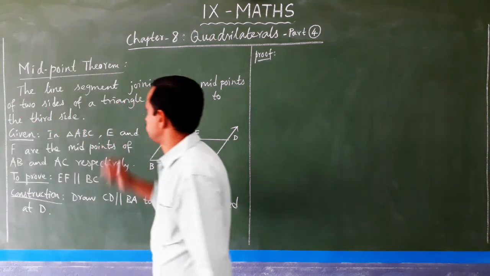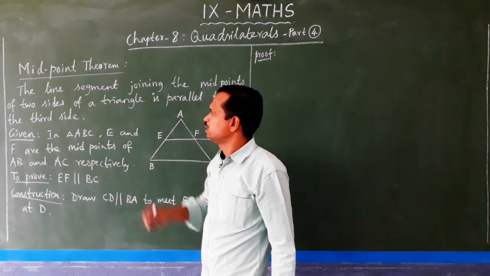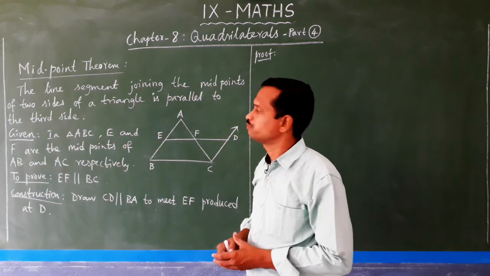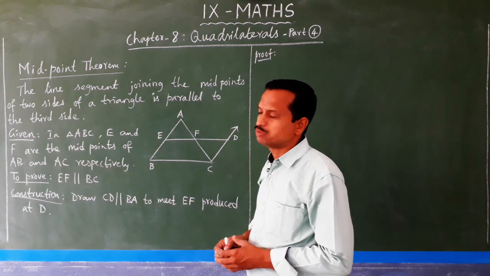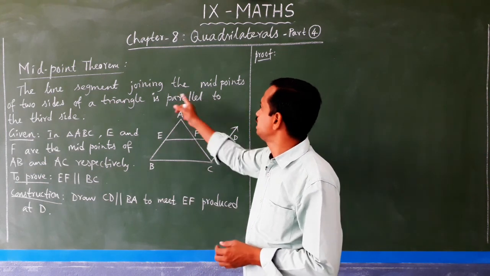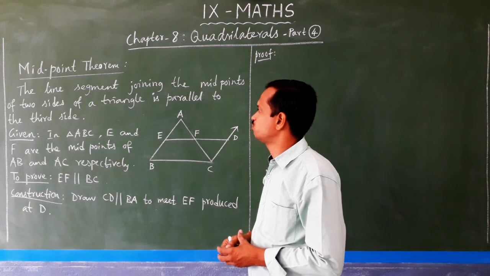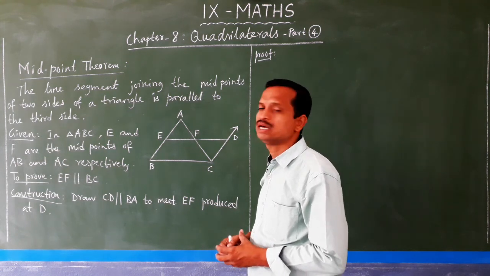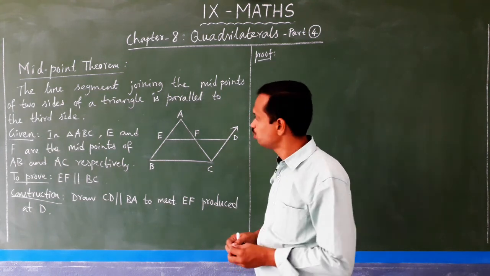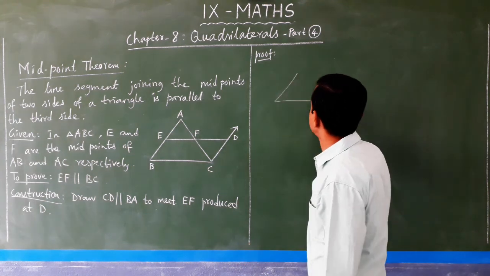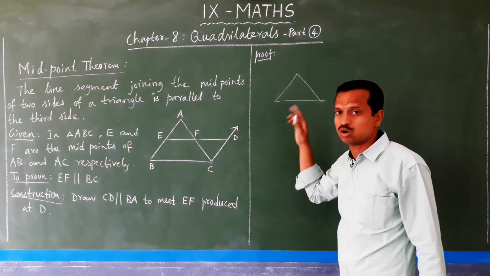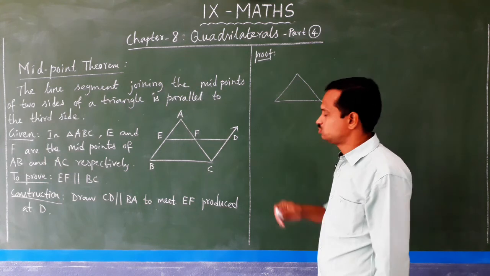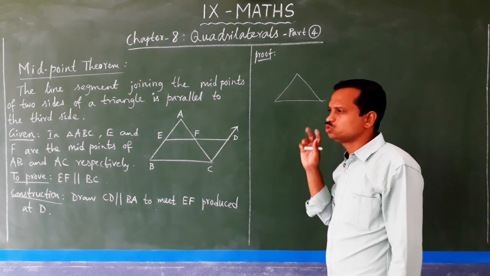So the midpoint theorem, the statement: the line segment joining the midpoints of two sides of a triangle is parallel to the third side. In a triangle, how many sides? Three sides are there. Out of these three sides, any two sides we have to take.